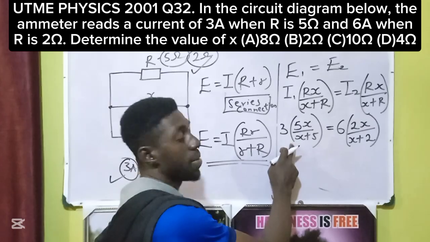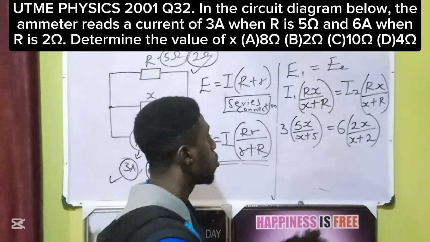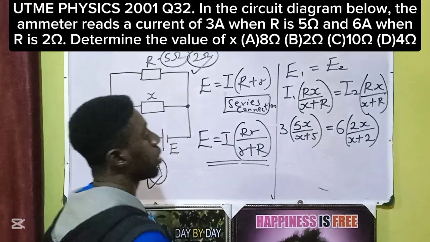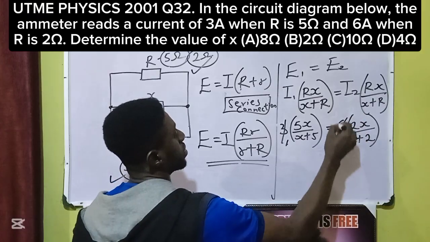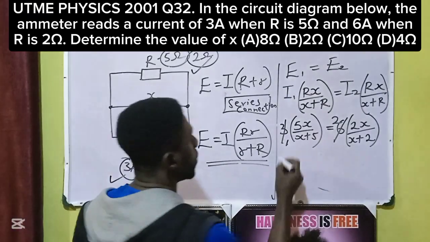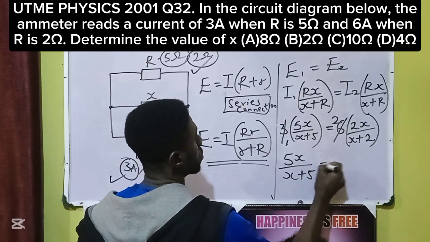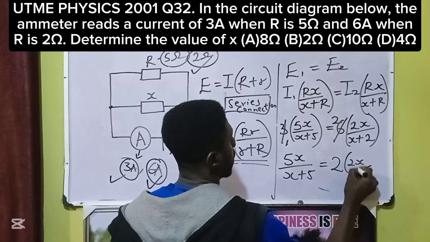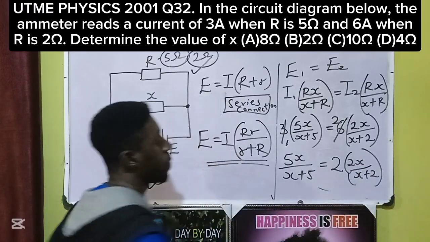Recall, EMF in the first experiment is equal to EMF in the second experiment. We are targeting the unknown, which is X, the internal resistance. Then observe, 3 into 6 is 2. It's allowed, mathematically it's allowed. Then we are left with 5x over x plus 5 is equal to 2x over x plus 2.